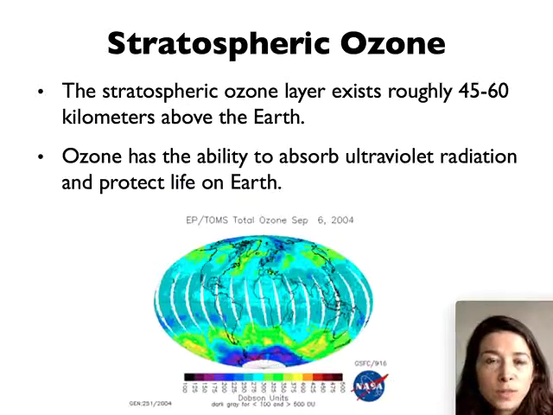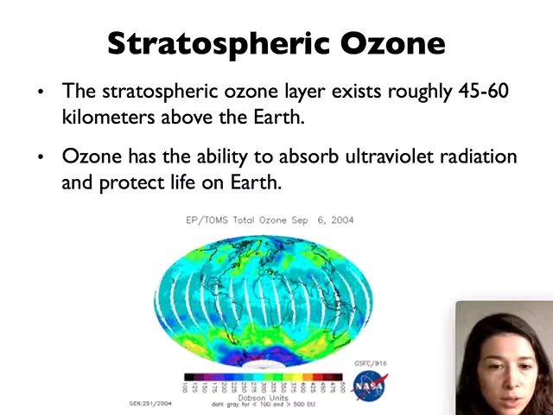Filtering all of that UV light is enabling us to live, and with a much higher amount of UV radiation coming to Earth, our DNA would mutate much more rapidly, and life would be a lot different than it is now. So this is another map of the ozone distribution.